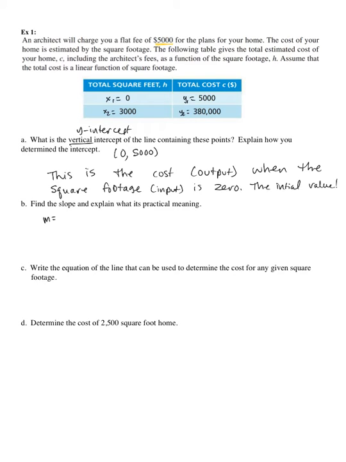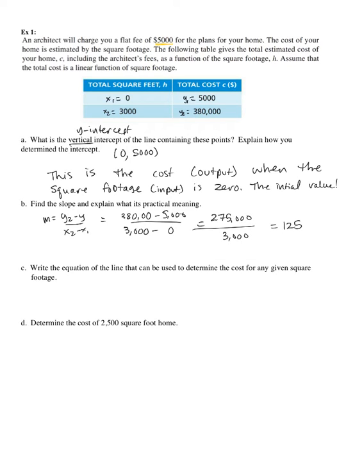Slope, we find the difference in y's divided by the difference in x's. So we've got 380,000 minus 5,000 all over 3,000 minus 0. That gives us 375,000 all over 3,000, which is 125.